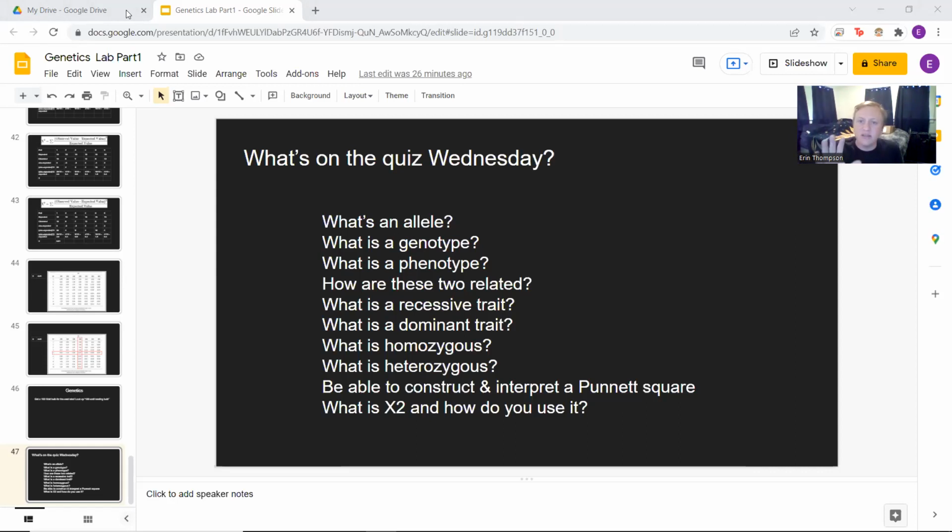Different form of a gene is a great way of phrasing that. A capital letter to indicate a dominant trait and a lowercase letter to indicate a recessive one. That's also a good definition. So the example I used this morning, I'll just continue using it, is I have blue eyes. Blue eyes are a recessive trait.